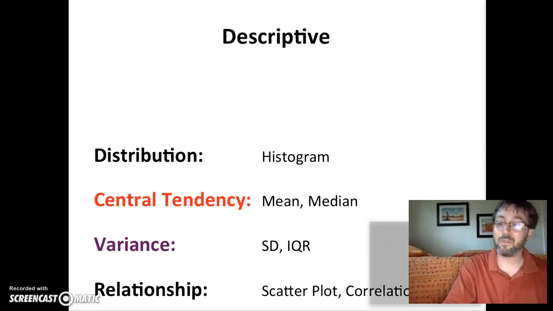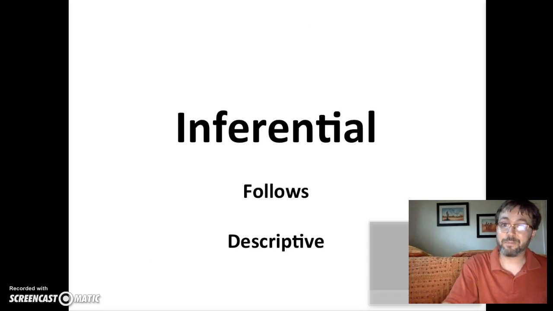Once we understand them individually, let's begin to put them together with a scatter plot or perhaps correlations. So inferential statistics are going to follow our descriptive statistics. We have to understand how the data are arranged before we create an analytic plan. So let's go to SPSS and understand these variables.